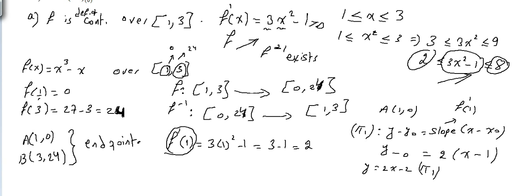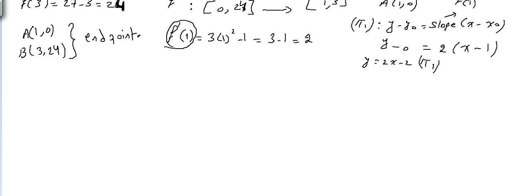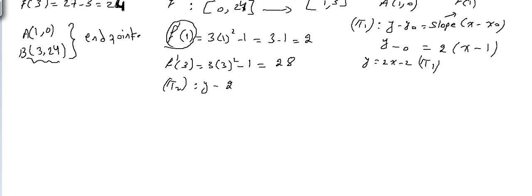To find tangent 2, for sure, we need to find the slope at the second point, which is B (3, 24), right? The f prime at abscissa 3 is 3x squared minus 1, the derivative, remember. So it's 27 minus 1, it's 28. I did it correctly this time. Okay, so tangent 2 is y minus y node, which is 24 this time.